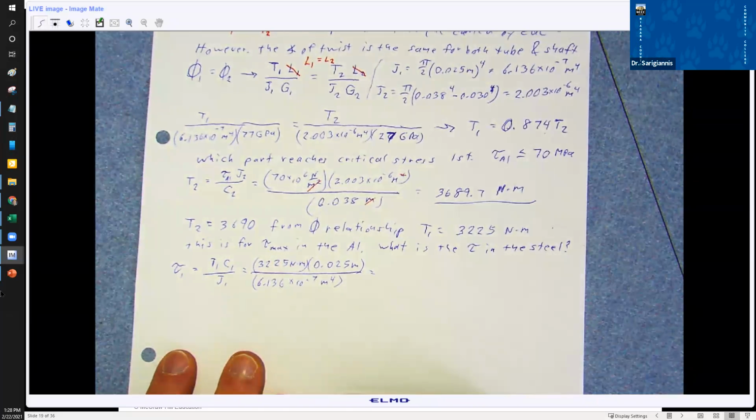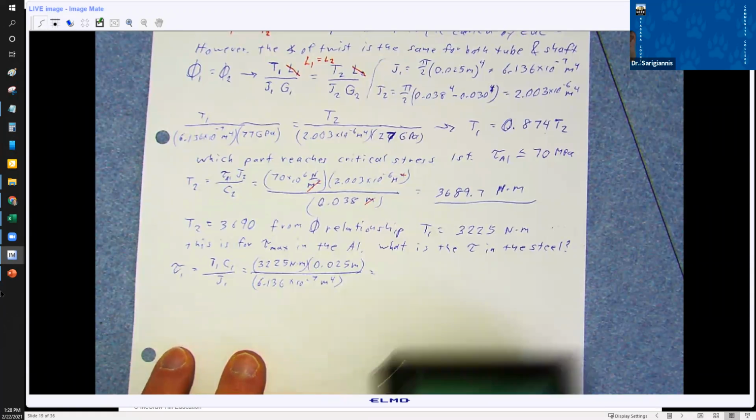All right, I better check these numbers because I have some crossouts here. 3225 times 0.025 divided by 6.136 times 10 to the minus 7. Oh, yeah, that's a big number. I can see why I had the crossouts. 1, 2, 3, 4, 5, 6, 7, 8. Yes, it is 8. All right.